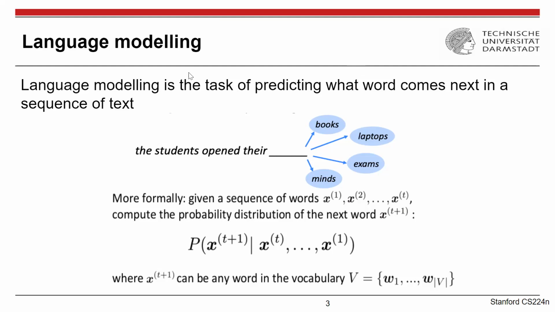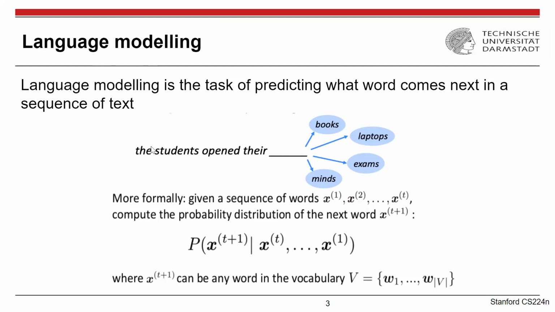So the task in language modeling is actually to take a sequence of words and then predict the next word. So take not a sentence but a sequence of words in the sentence, and then predict the most likely word that can come after the words that you've taken.